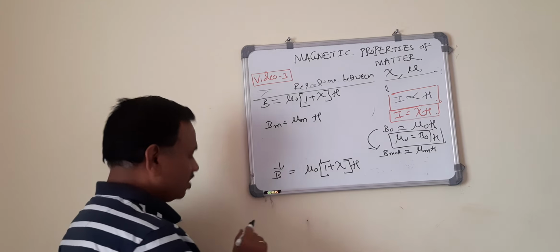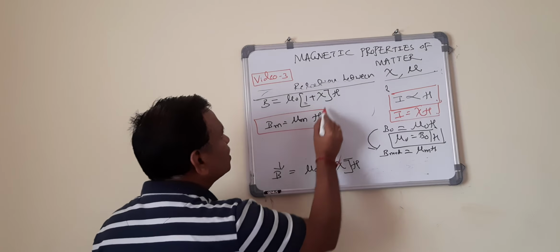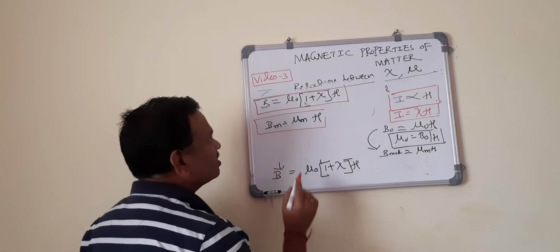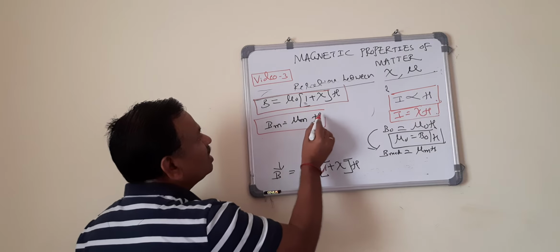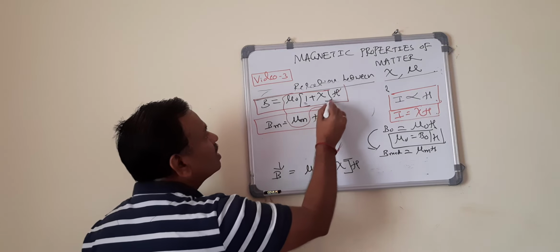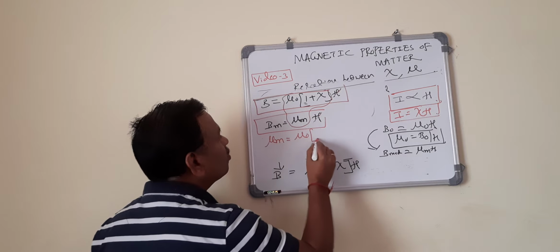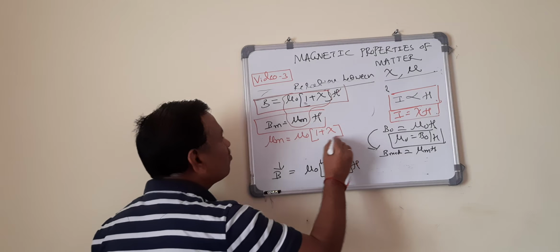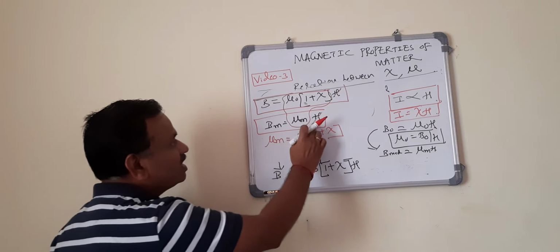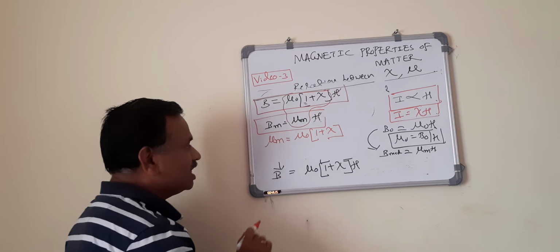Now compare these two equations. When you compare them, H is the same, so this mu of medium is equal to mu naught into bracket 1 plus chi.